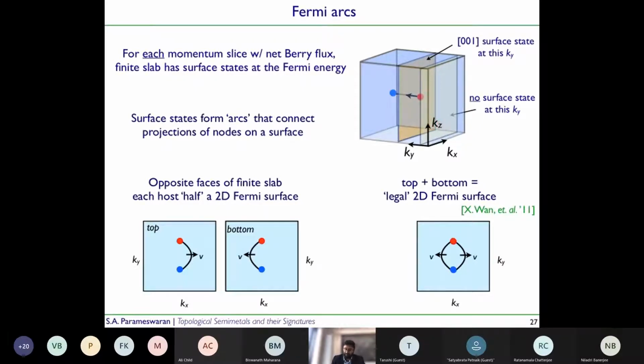Then on the top surface, every time I have a non-trivial value of this integral of the Berry curvature, a non-trivial Chern number, I must have a surface state on that z surface. And that surface state will exist for every value of kx and ky on that surface such that there's a non-trivial Berry curvature associated with that.